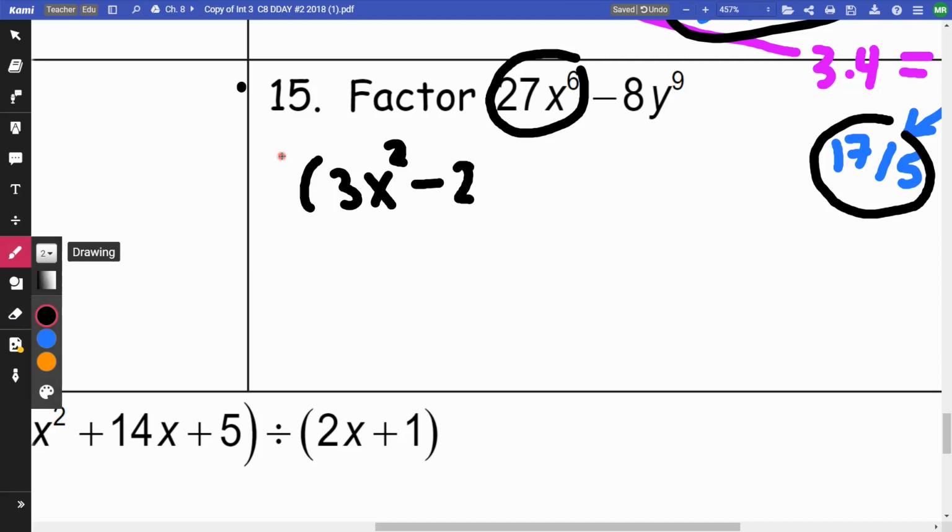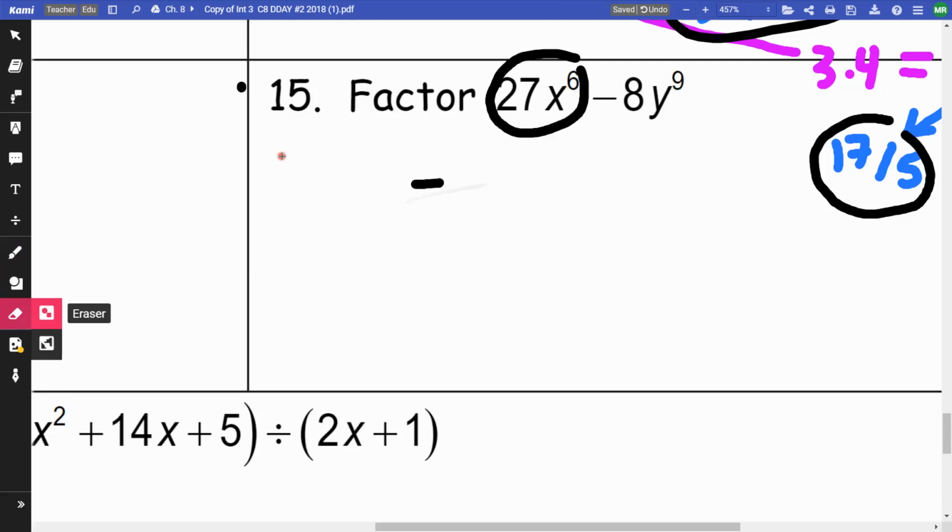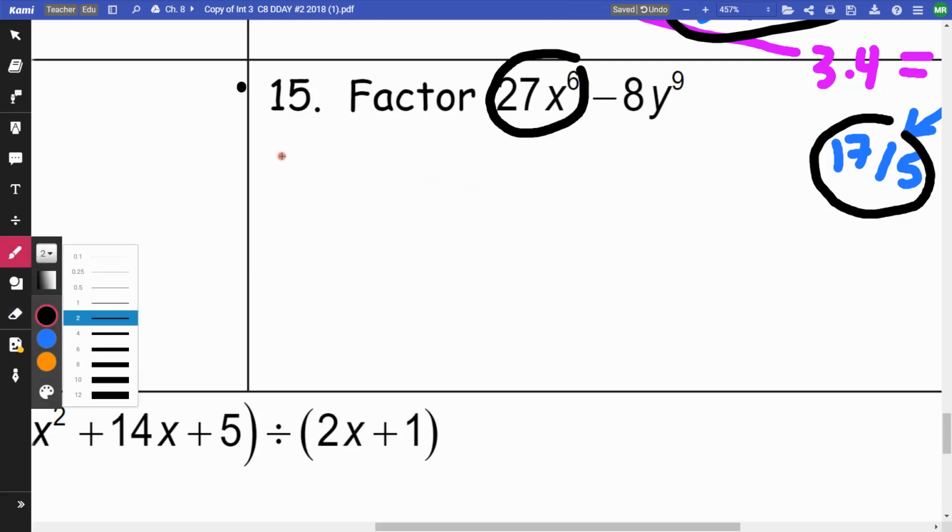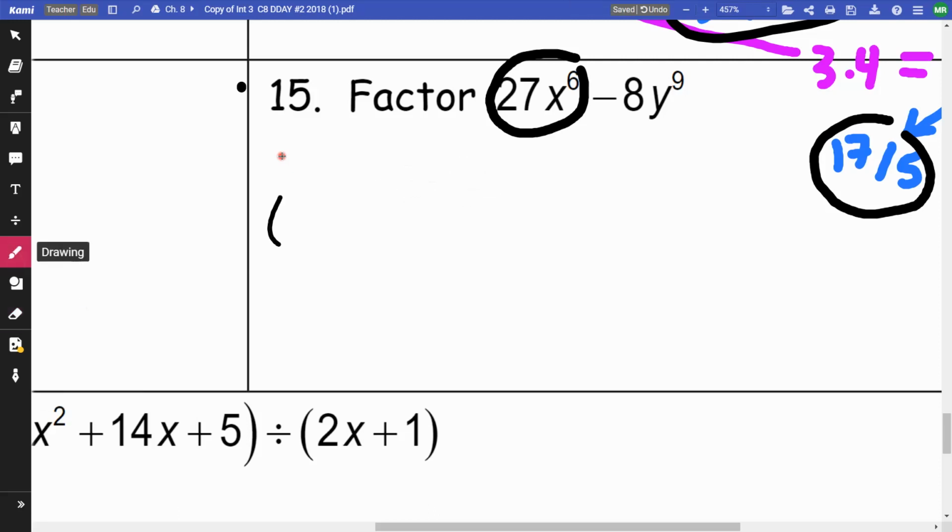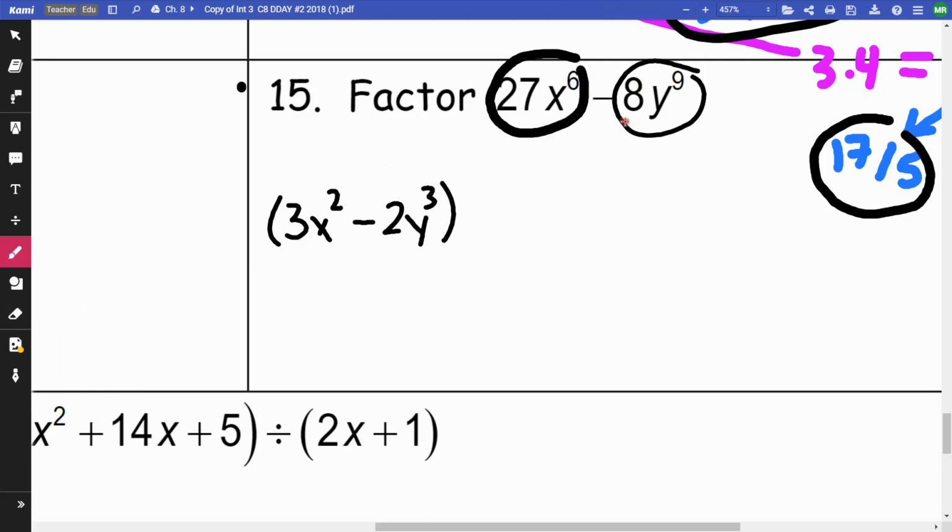And then for my y, again, I'm going to write this a little smaller. Okay. So this is going to be 3x to the 2nd minus. And then when I'm dealing with my 8, y to the 9th, that's going to be 2y to the 3rd, because 3 goes into 9 3 times.